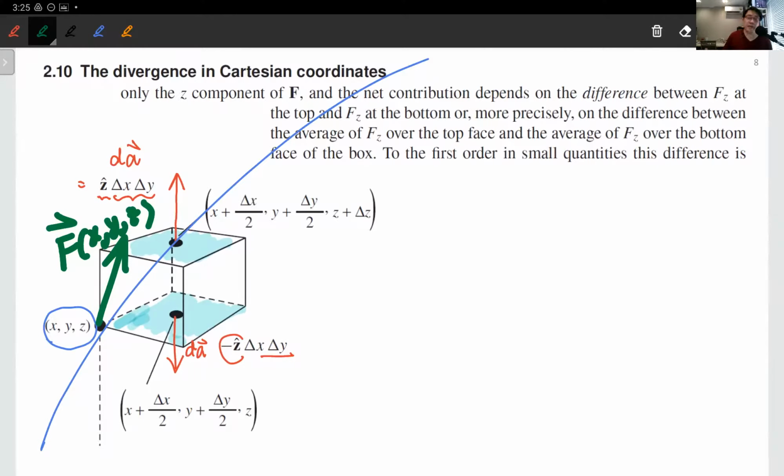What you're trying to do is figure out what is the vector at x plus a little bit, y plus a little bit, and z plus a little bit. So what I want is to figure out the vector F at this red dot right here, which you have already translated along x by half of delta x, that's in the middle of the width, half of delta y, that's in the middle of the length, and then you have to translate up by delta z, that's why it's up here. You guys with me?